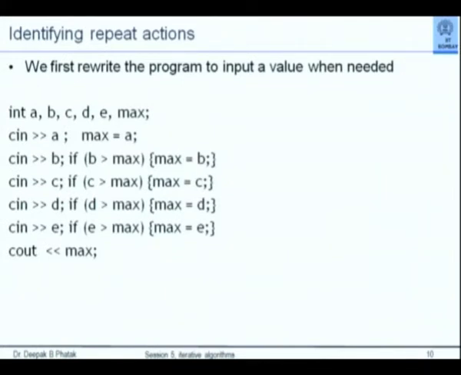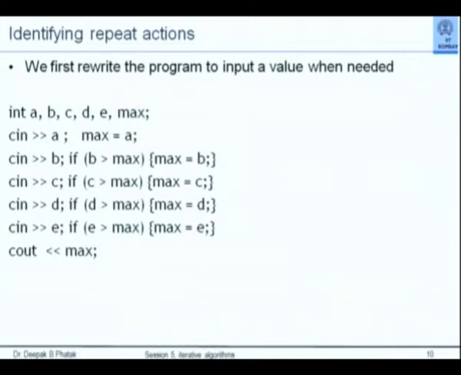Okay. We were here. So this is clear that we will read a number only when it is required. Now we observe something very important. While each instruction is actually different, I am looking at the set of those 4 comparisons. Each instruction is doing the same job: getting a number from outside, comparing it with max, and reassigning max if required.